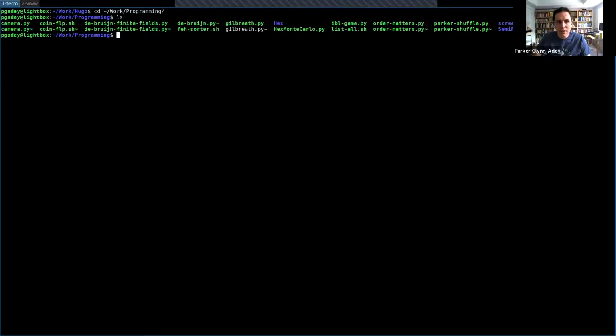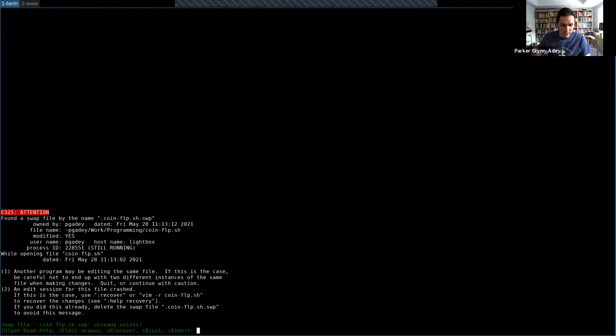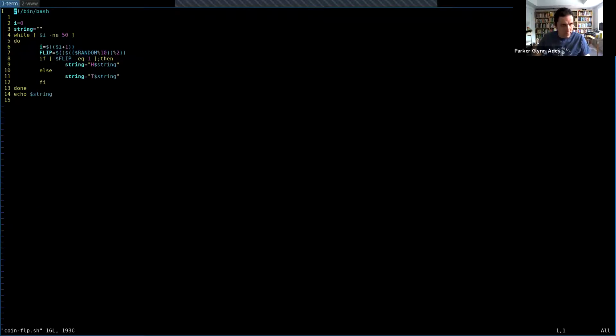Oh, there we go. Yeah, so this is some code. It generates random sequences. And as you can see, it's really short. It's a really short, simple algorithm just written in Bash, right?